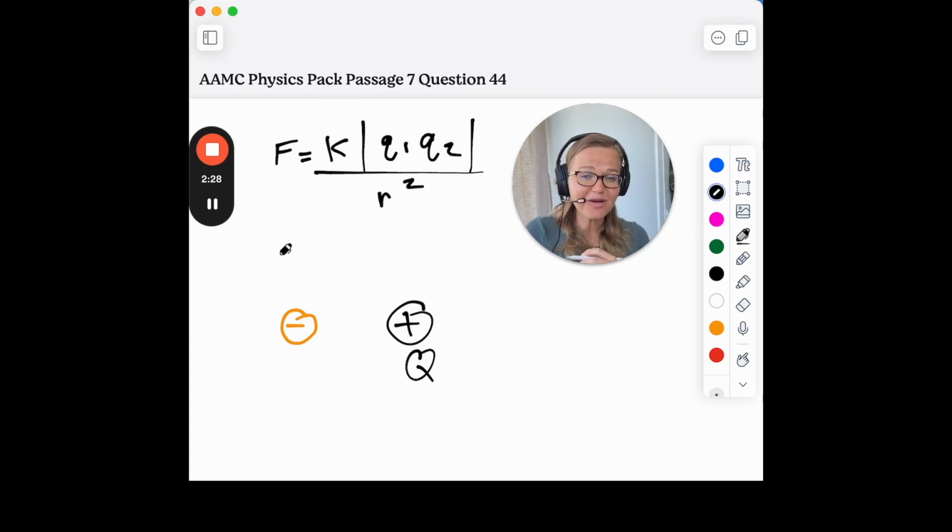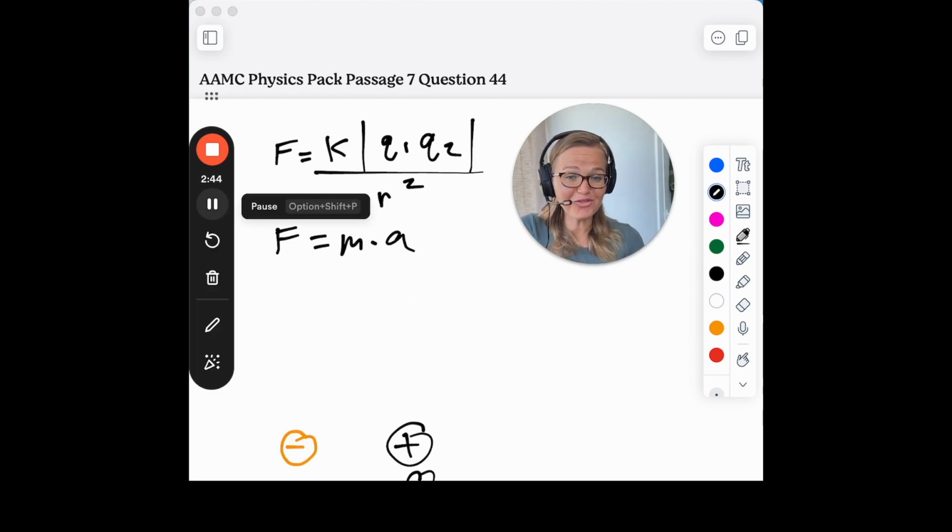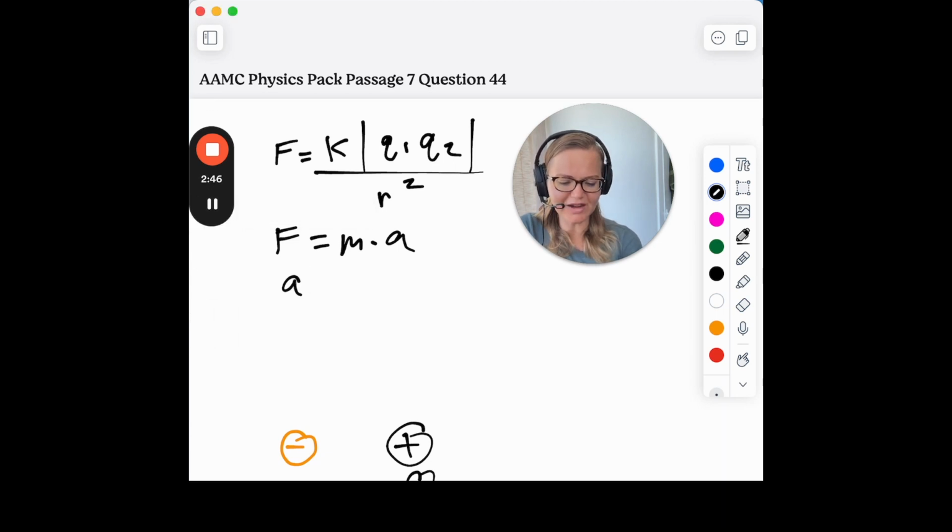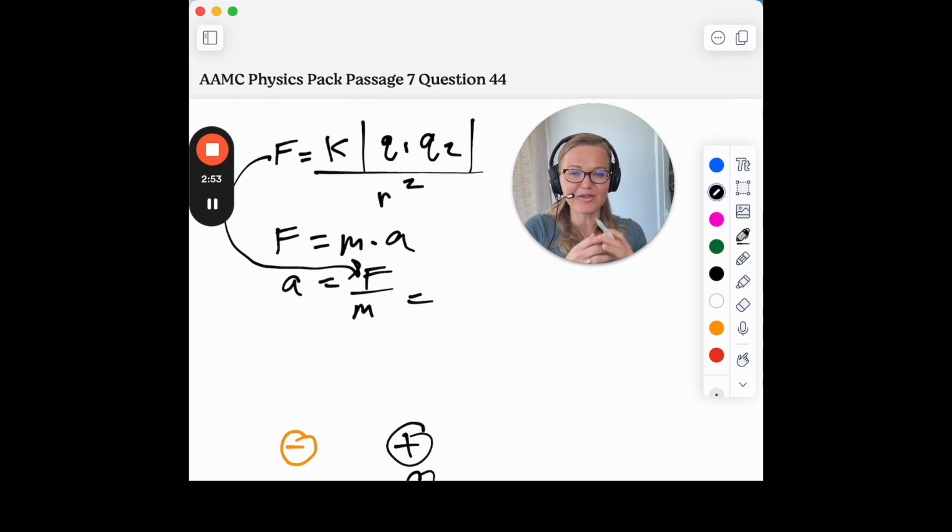And then the other equation that's going to apply here is that of Newton's second law, which you should always be thinking about with whether things accelerate, because Newton's second law says that force equals mass times acceleration. So we could go ahead and solve for acceleration here, and we get acceleration equals force divided by mass, and then we could plug our Coulomb's law, which quantifies the magnitude of the force between two charged particles, into our Newton's second law equation, solve for acceleration.